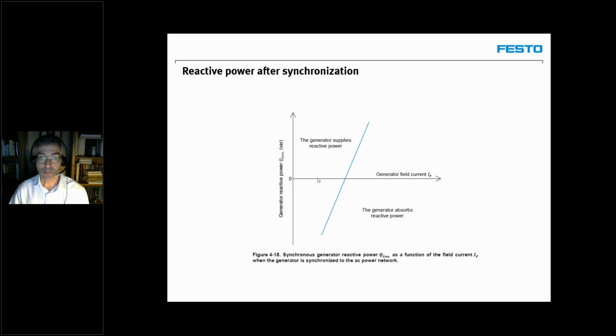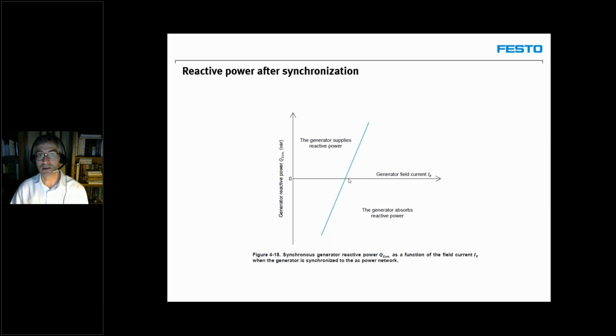Our generator will not produce or consume any reactive power from the network, okay? But if we start increasing the current circulating in our field coil here, you can see that we will start supplying reactive power. So our generator will behave like a capacitor because it will supply reactive power.